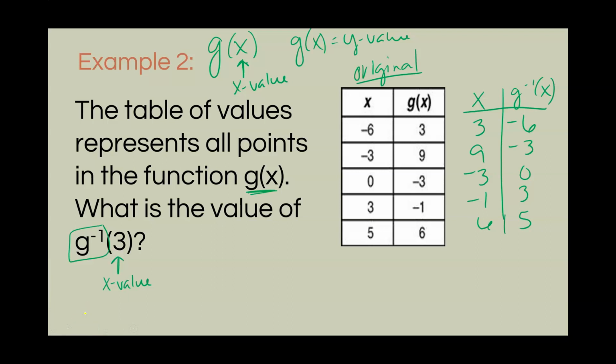On the inverse table, when x is 3, what is y? Well, when x is 3 right here, y is -6. So my answer would be -6.